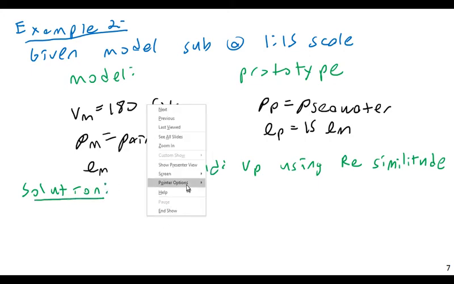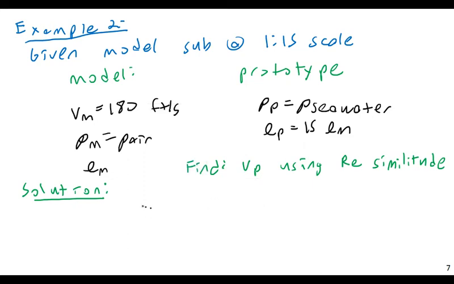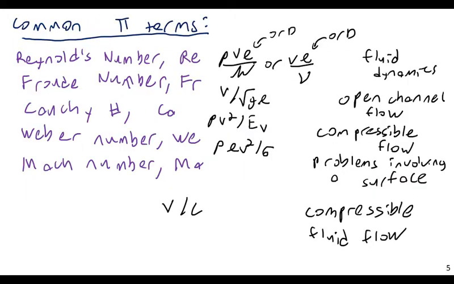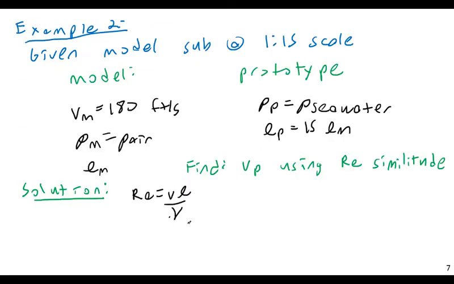I can say that Reynolds number is equal to VL over nu, as we saw here. So from this, I can get that VL over nu for the model must be equal to VL over nu for the prototype.